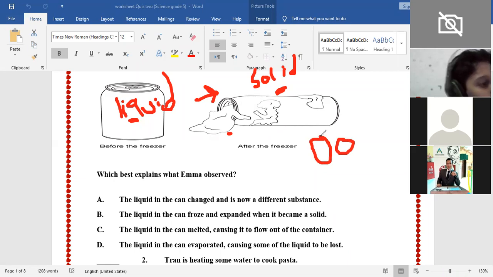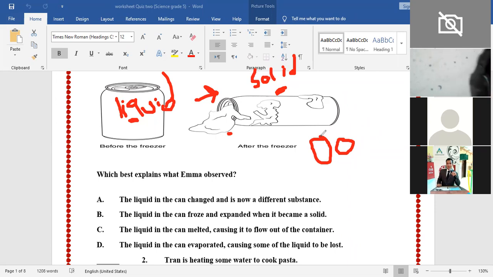Because the can is a small size, and when the liquid becomes solid, it expands and increases in size, which makes the can break. Please pay attention. When the liquid freezes into solid, it will expand and increase in size.